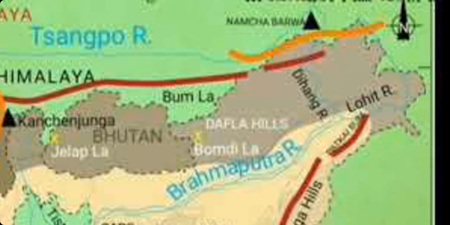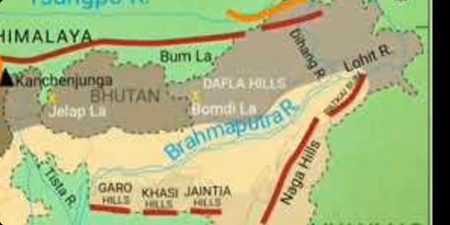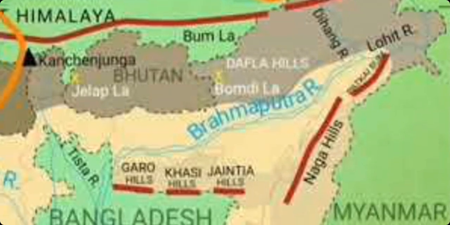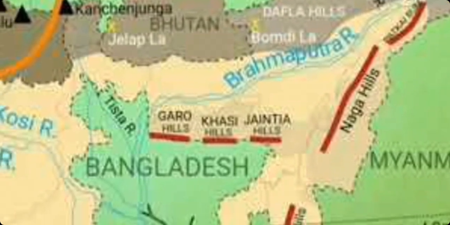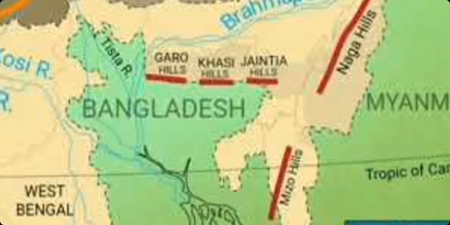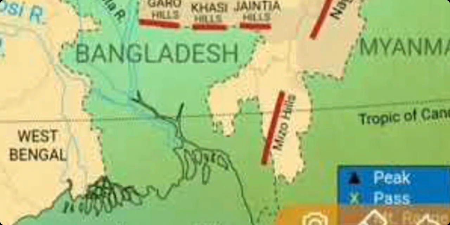It enters into what you call Arunachal Pradesh. There it is joined by rivers Dihang and Lohit, and then continues forward as one broad stream of Brahmaputra, and some more rivers join there, and finally it empties out into the Bay of Bengal.